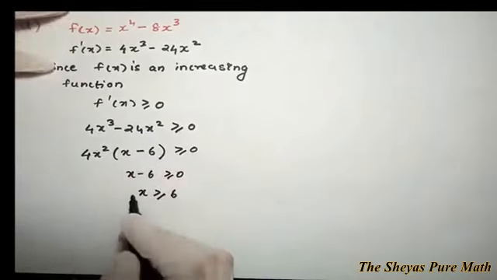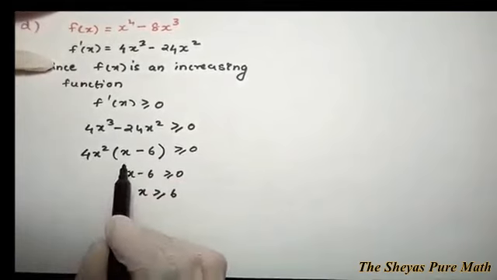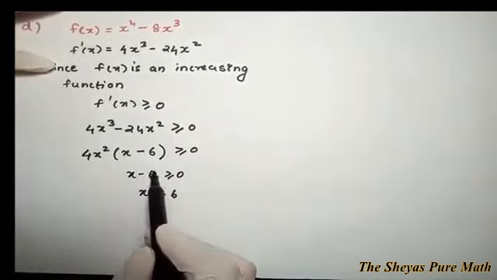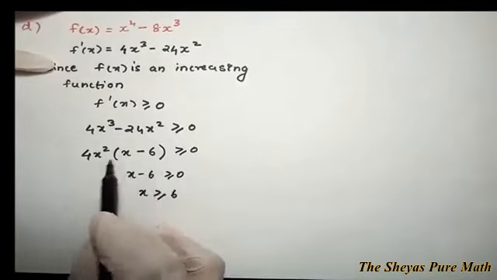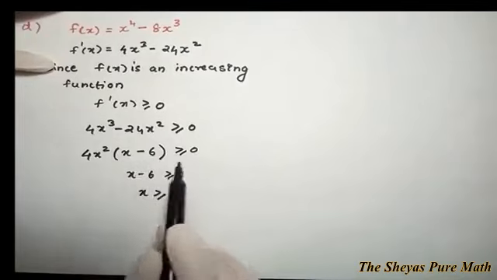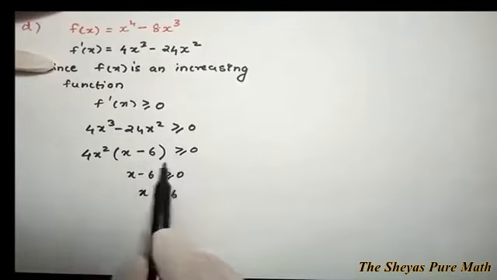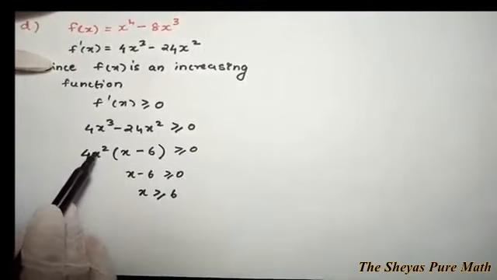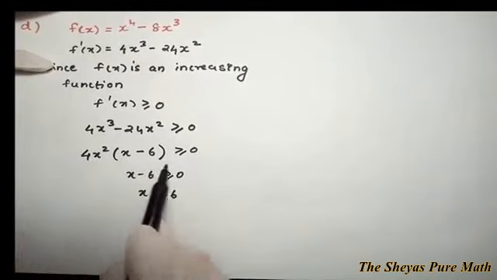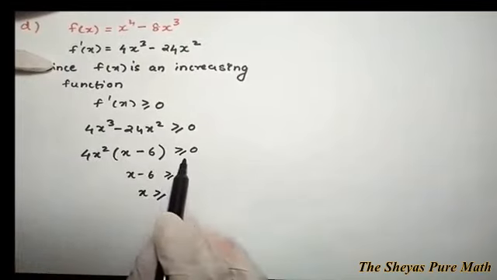So here, if I take any values greater than or equal to 6, suppose I am taking 7, definitely this will be greater than or equal to 0. In this case, if you take any values for x, positive or negative, definitely it will be a positive value because you have a square here. But if you take any values greater than 6, then definitely this inequality will be satisfied.